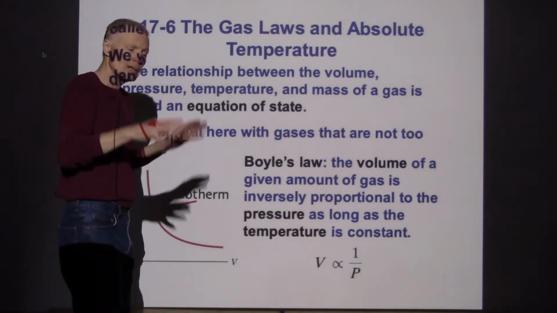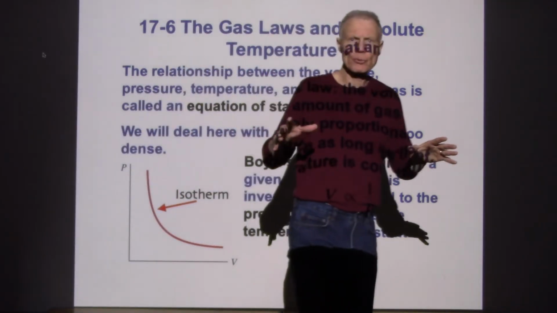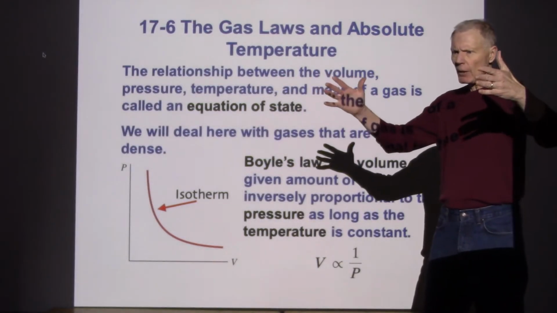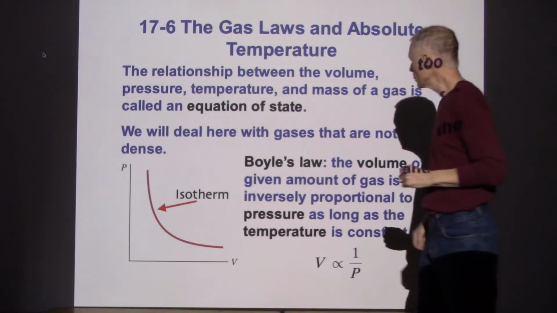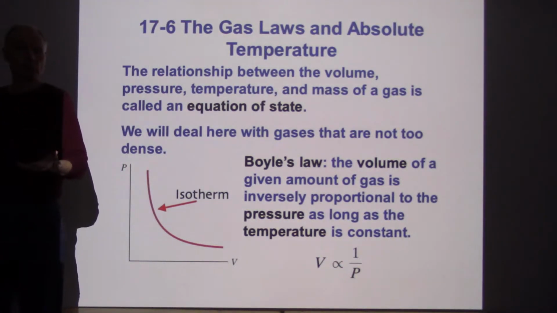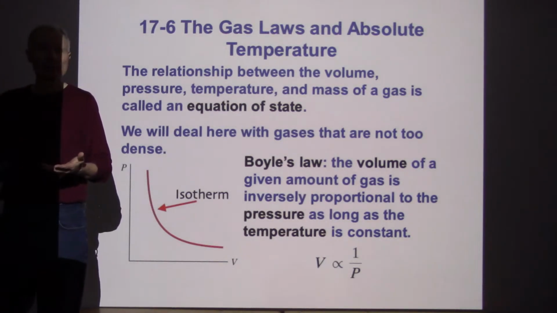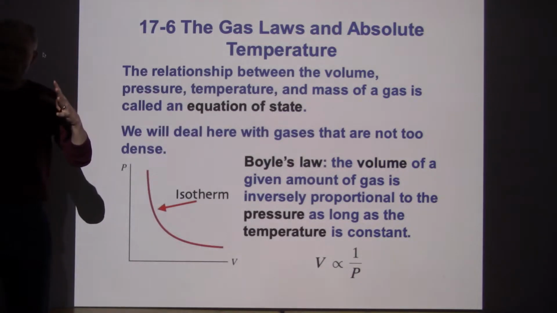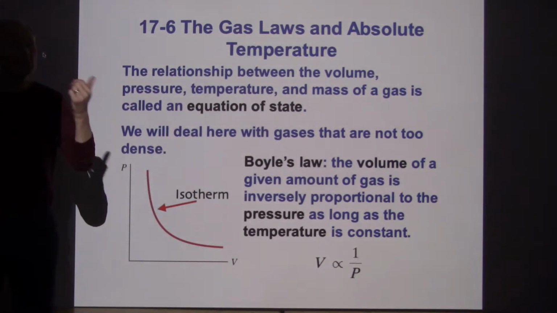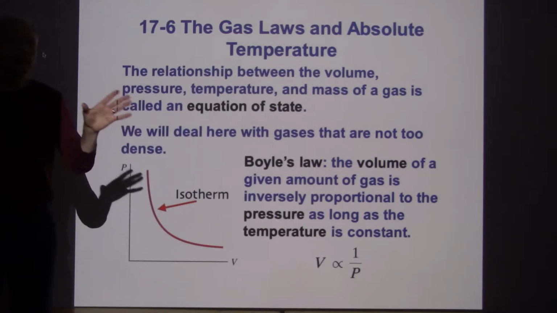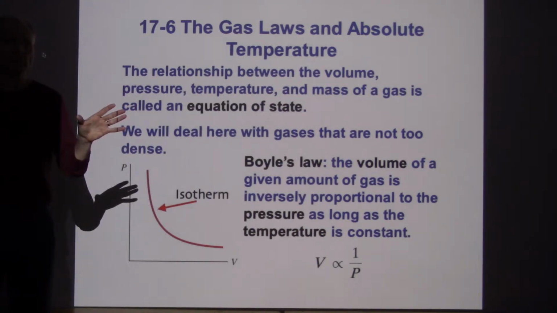So what happens is, let's say we take a collection of gas molecules, we put them in some kind of a container. If we now compress the container, what's going to happen inside is the pressure is going to go up. Now, whether or not the temperature goes up depends on whether that container is thermally isolated or whether it's able to exchange thermal energy with its environment.